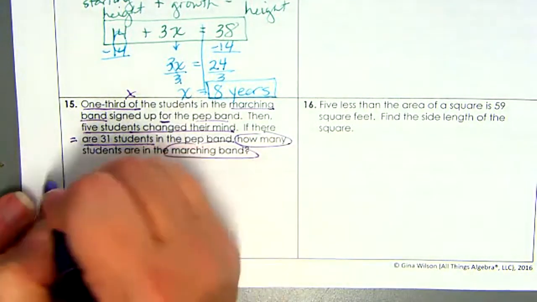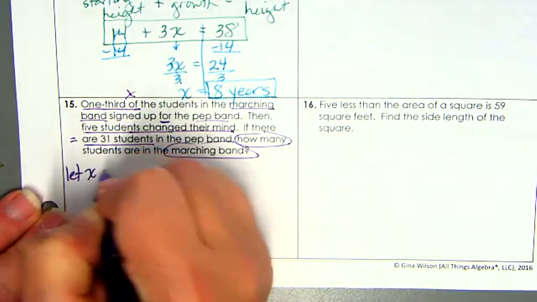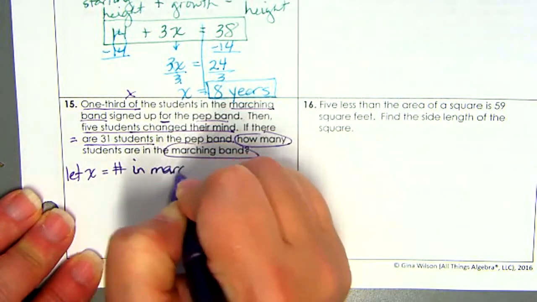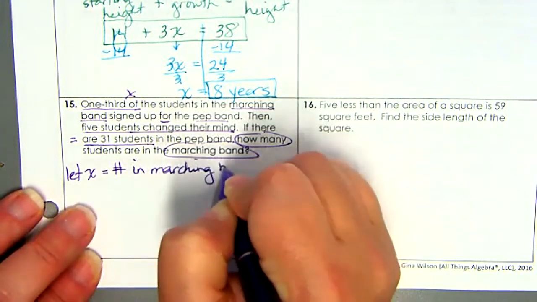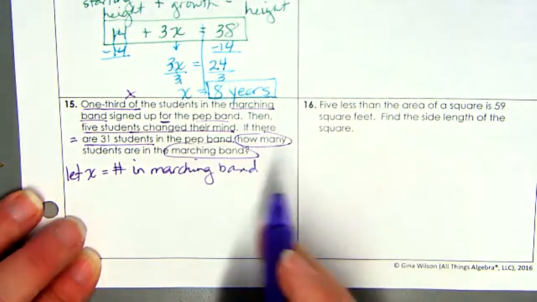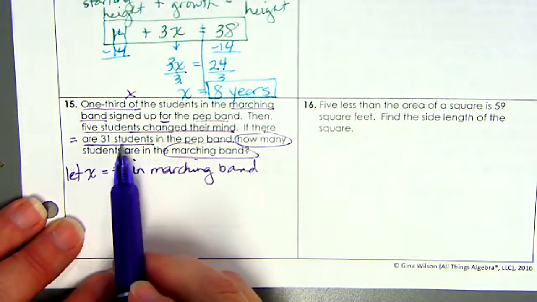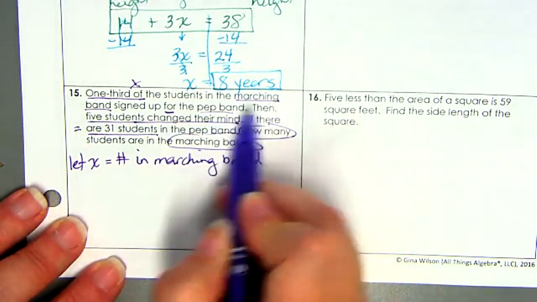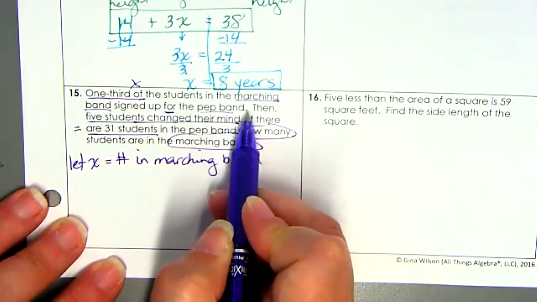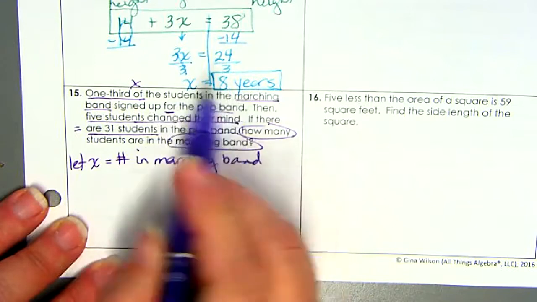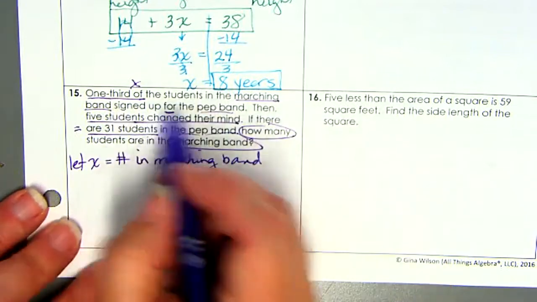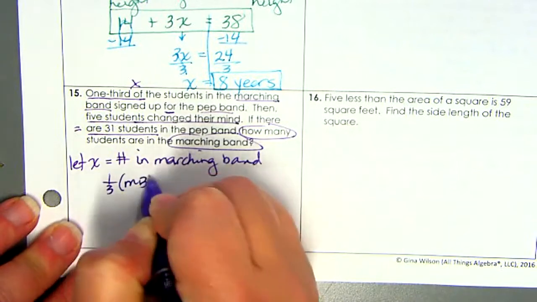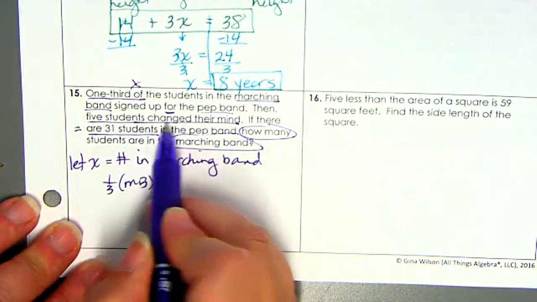So I'm going to say let x equal number in marching band. There are 31 students, so that's equal. I've got 1/3 of the students in the marching band signed up for the pep band, so we've got 1/3 of the marching band, and 5 students that changed their mind.